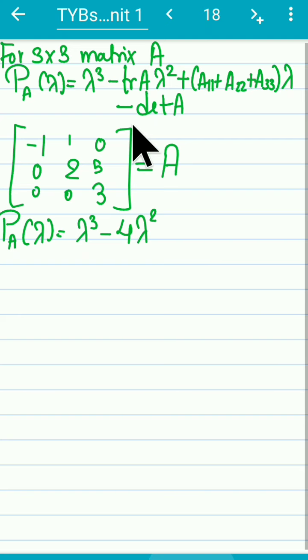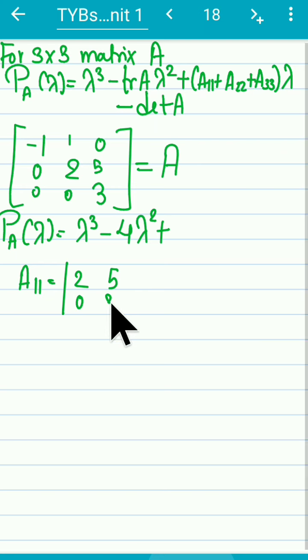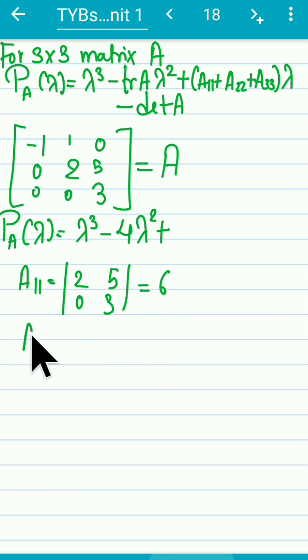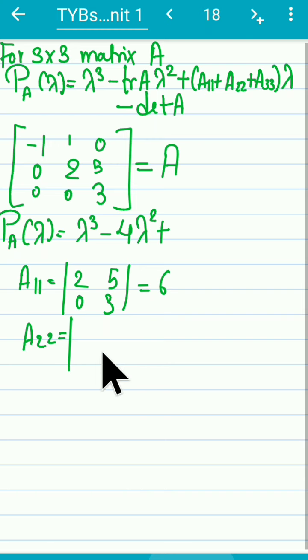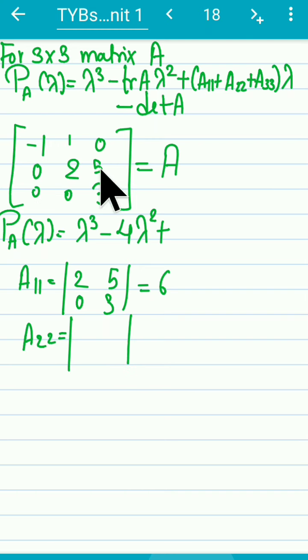The minus sign was already there. Plus A11 plus A22 plus A33. What is A11? A11 is the determinant of the submatrix 2, 5; 0, minus 1, deleting the first row and first column, so it is minus 2. What is A22? Make sure A22 means you delete the second row and second column, don't go for some other one.